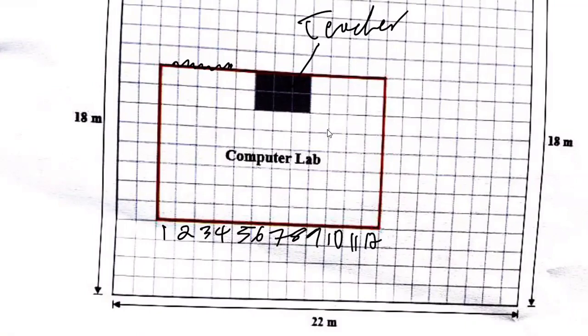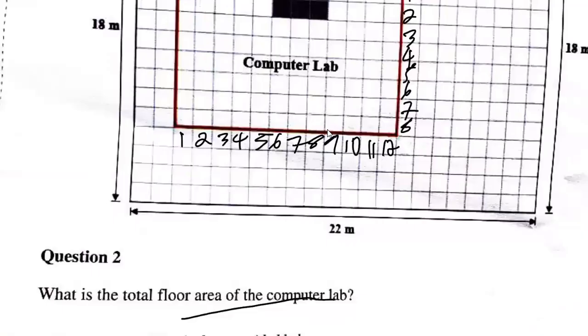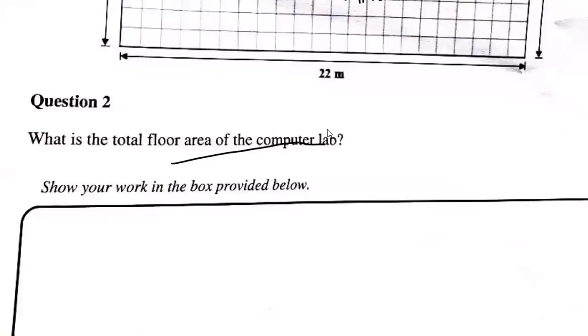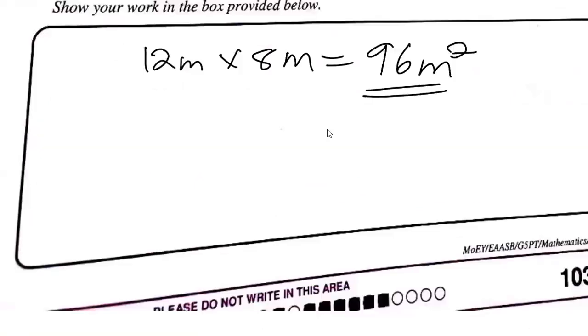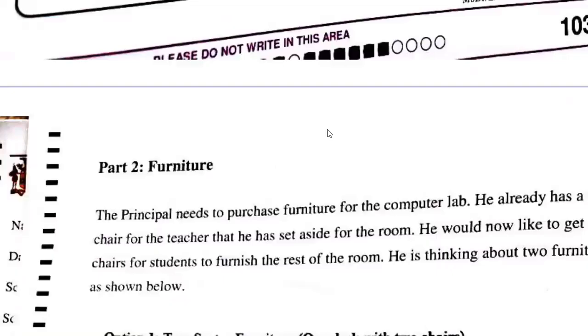Let's see what's the width. So that is 8. So to get the area, we're going to multiply the length, 12 meters, by 8 meters, which gives us 96 meters square. Remember, it's area, so that's 96 meters square. Unit, very important.